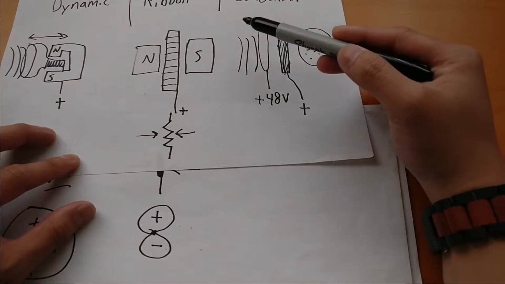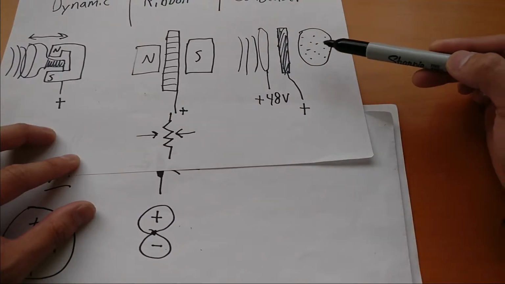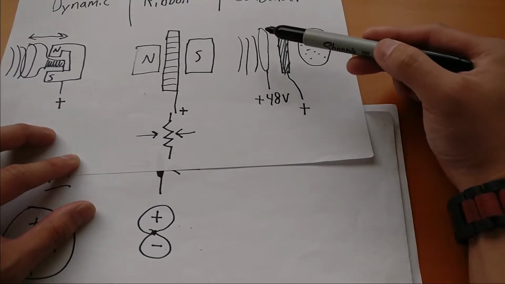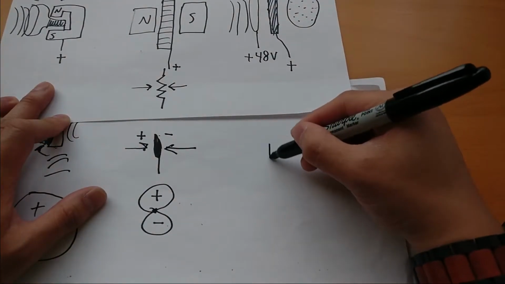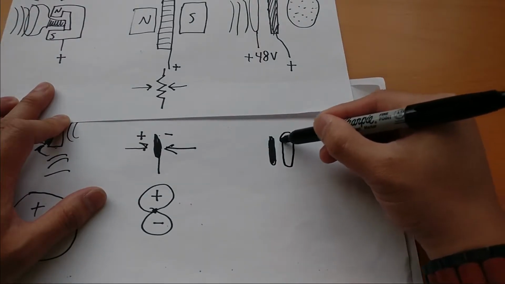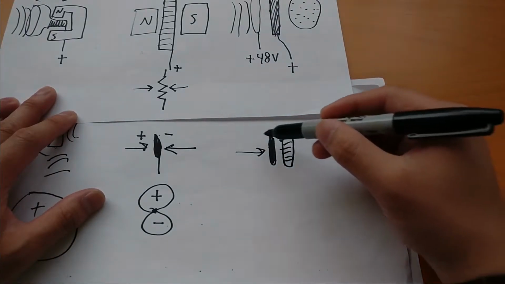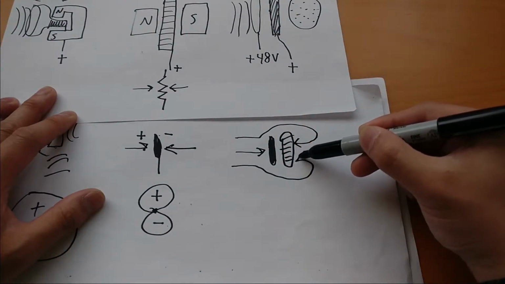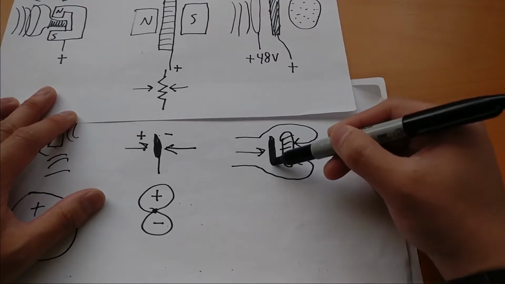So sound will come from the front, hitting the front diaphragm, and sounds will go around the housing through the backplate's holes to interfere with the movement of the diaphragm. So you have your diaphragm there, and a semi-open backplate. Sounds will enter through here, and some sounds will travel around to the back, which will interfere with how this diaphragm will move.